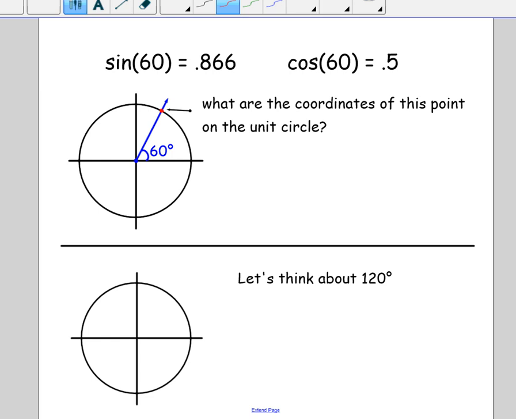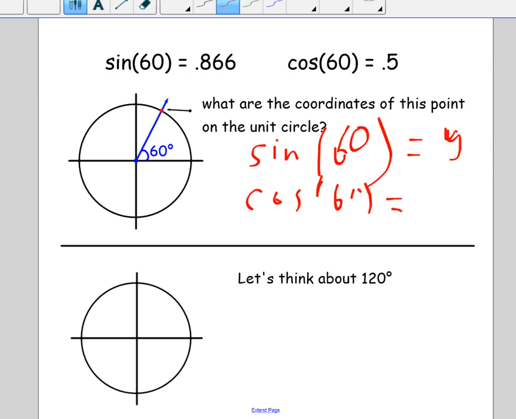When we did our math with the unit circle, we discovered that the sine of a degree is equal to its y-coordinate on the unit circle, and the cosine of any given degree is equal to the x-coordinate of that point. So we have an xy coordinate of 0.5, 0.866. That is that red point on the unit circle.